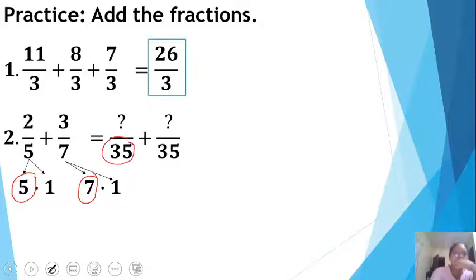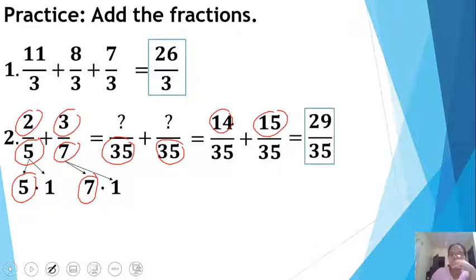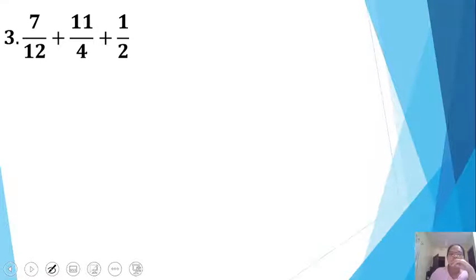Divide 35 by 5, that's 7, times 2, that's 14. 35 divided by 7, that's 5 times 3, it's 15. Add the numerators, 14 plus 15, that's 29. Copy the denominator, 35.